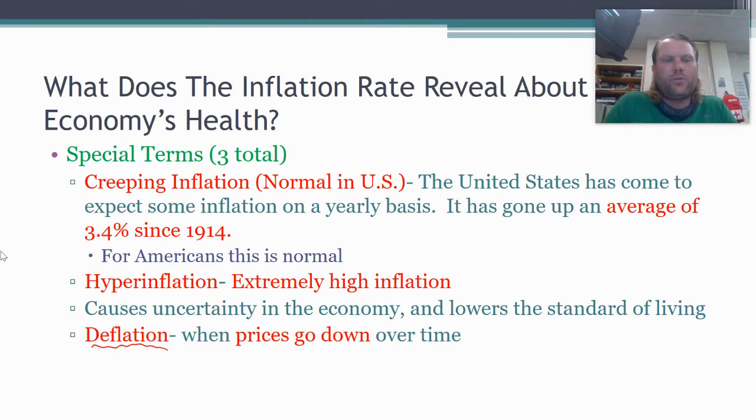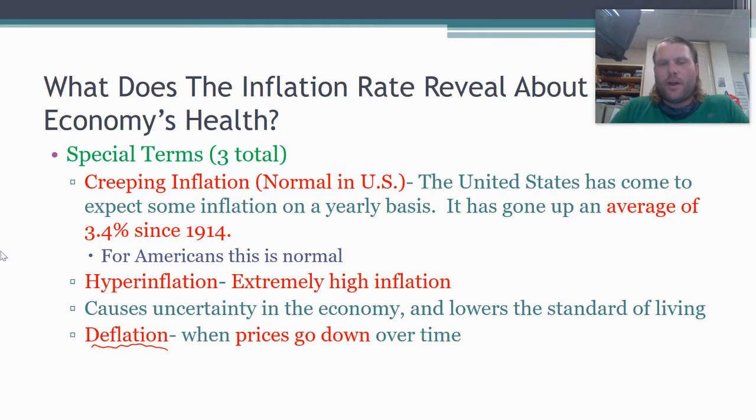We also have what's referred to as hyperinflation. That is when inflation gets so bad that people race to spend their money. For example, if you knew that gas prices were going to go up by like $1 every day for an extended period of time, you would go buy gas all the time, right? You'd buy gas every single day so you could save as much money as possible.